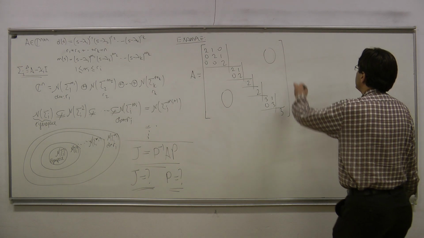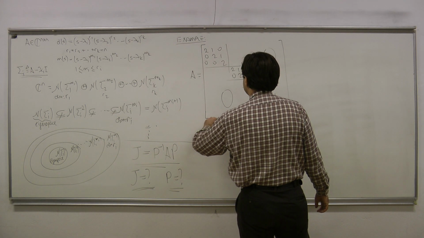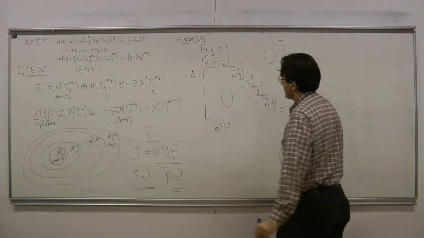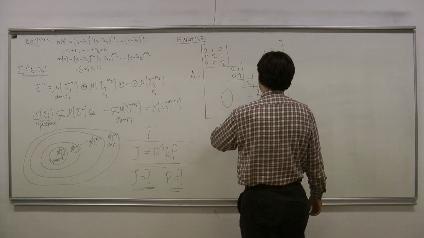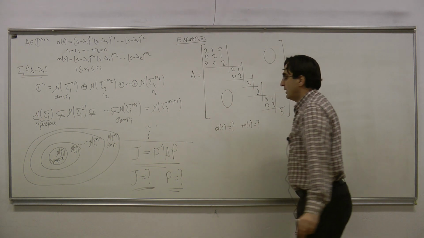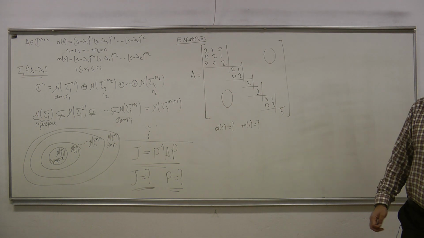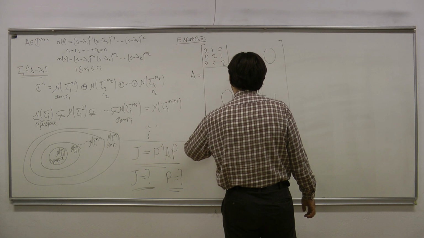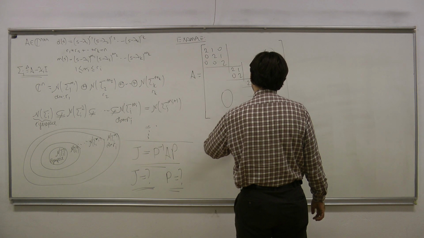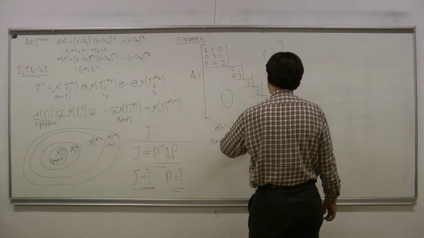So the questions are going to be, what is D of S? Sorry. What is D of S? What is M of S? And I'm going to be asking the following question. What is the dimension of null space of A minus 3 identity to the power L?